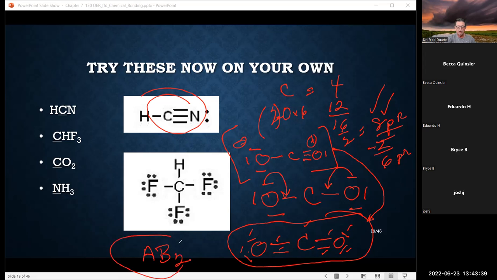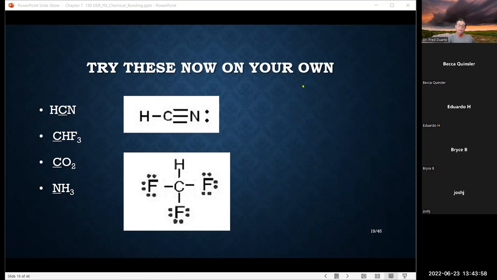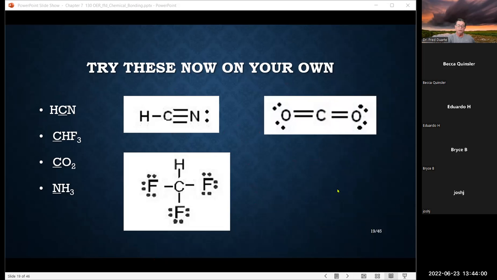And I'll leave this part to you because it's very similar geometry as HCN, okay? And that is a linear, and its bond angle will be 180 degrees. All right, so there's the structure.